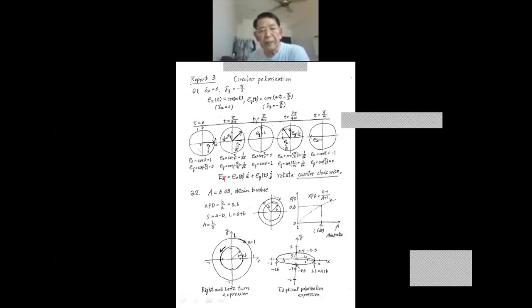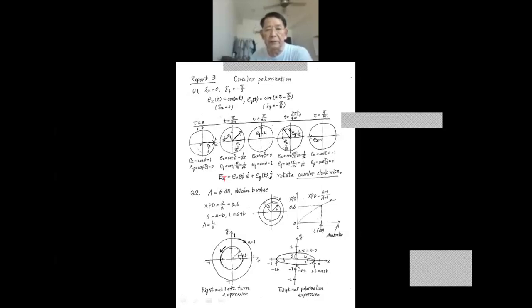Next, t becomes pi divided by 2 omega. Then Ex becomes cosine half pi, and Ey becomes half pi minus half pi. This becomes 0, so only the y component becomes 1. So E total is this.